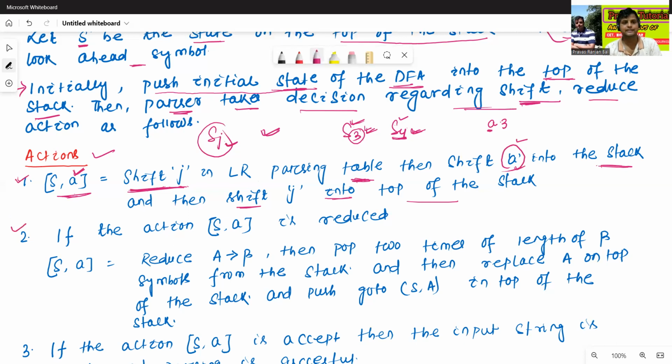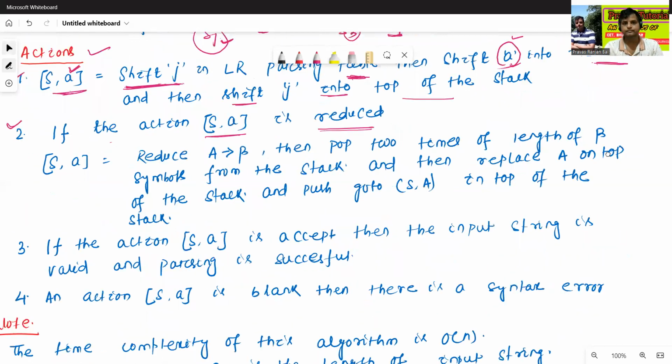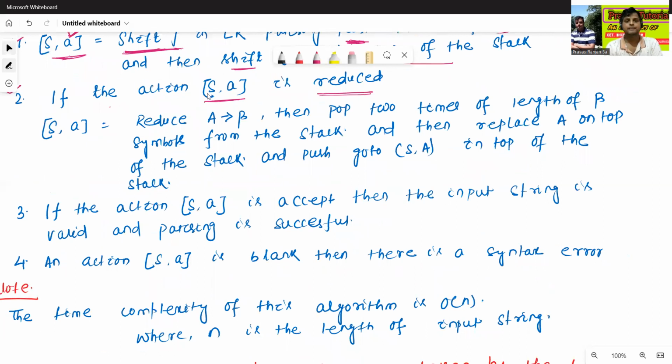Then the second action is called reduce action. If the action for S and A is reduce, what happens? Here, if the action is reduce with one production, let the production be A to beta.